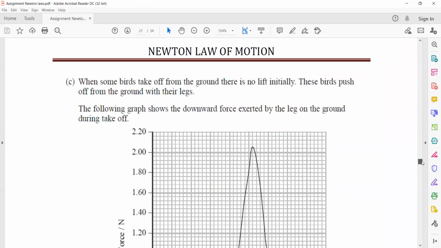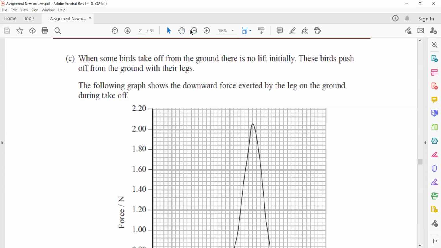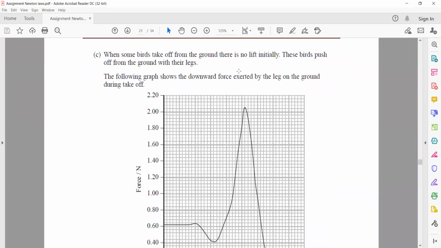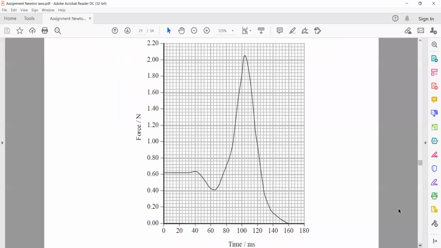So in the next part, when some birds take off from the ground, there is no lift initially. So these birds push off from the ground with their legs, as the graph shows. So basically what is happening, when we compare the scale, say this is the ground and there is a bird on the ground.